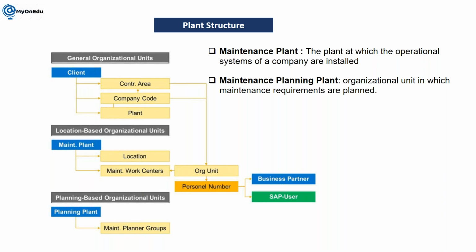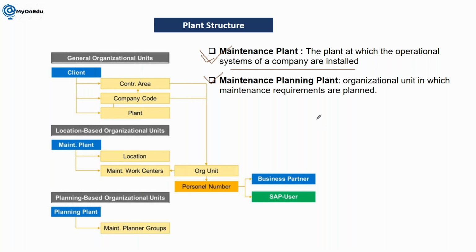When we are configuring the plant in SAP from the PM perspective, we need to understand the concept of maintenance plant and maintenance planning plant. Here, maintenance plant is the plant where my equipment is installed. This is the plant at which the operational systems of the company are installed, or you can say where your equipment is installed.